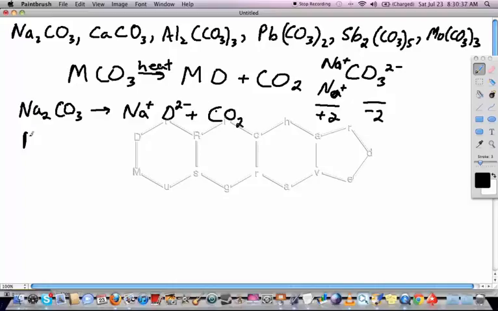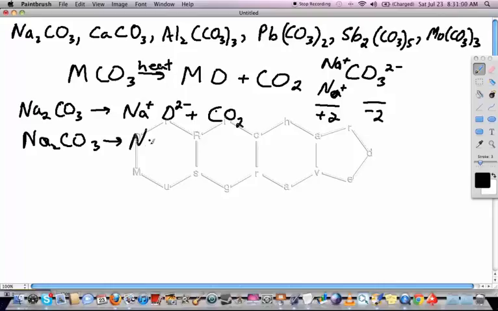Now I'm going to rewrite this and show what formula the metal oxide would have. If we've got one Na plus and an O2 minus, we're going to need two of these to match the charge on the oxygen.